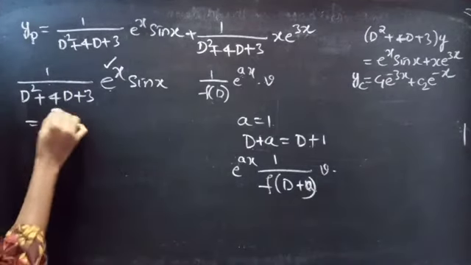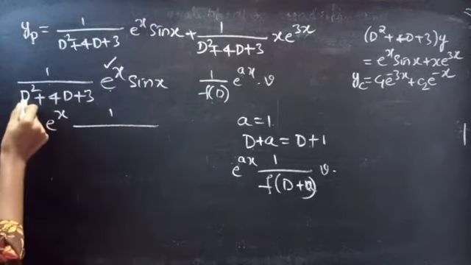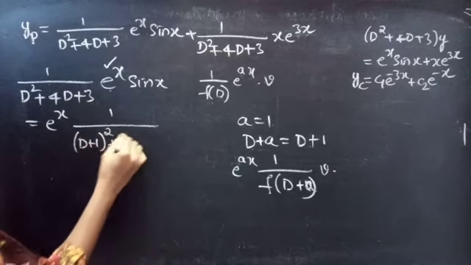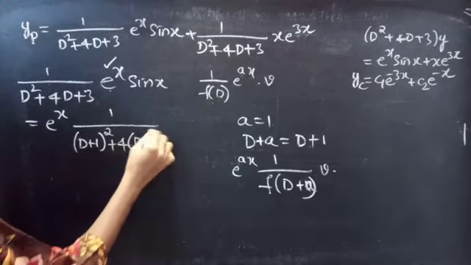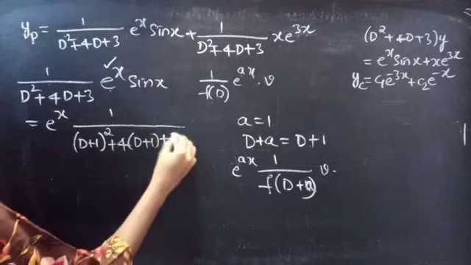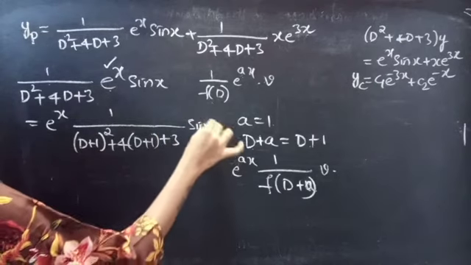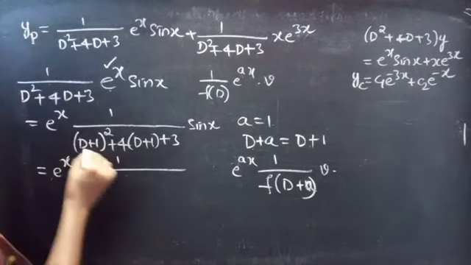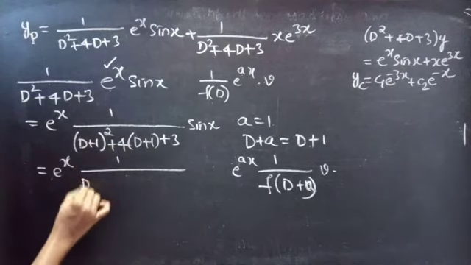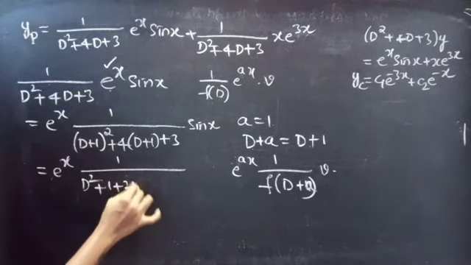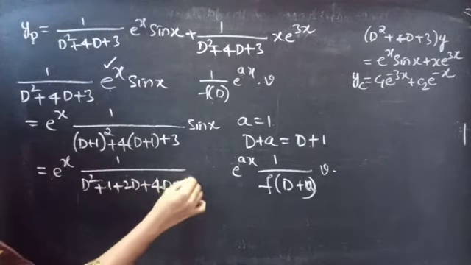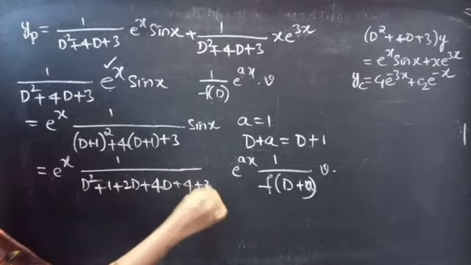This is equal to e power x into 1 by, replacing D by D plus 1, we get D plus 1 whole square plus 4 into D plus 1 plus 3, into sin x. This is equal to e power x into 1 by, expanding D plus 1 whole square, D square plus 1 plus 2D plus 4D plus 4 plus 3, into sin x.